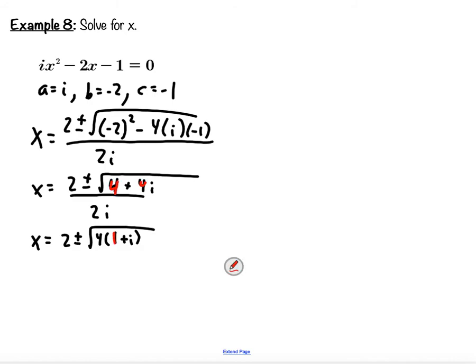If I take a 4 out of 4i there, I'm left with i. And then the whole thing is still over 2i. So now I can actually find the square root of that 4 inside the square root there. Check your numbers on the outside. Are they divisible by anything? Yeah, those numbers there are divisible by 2, so we could reduce this whole thing down by 2.